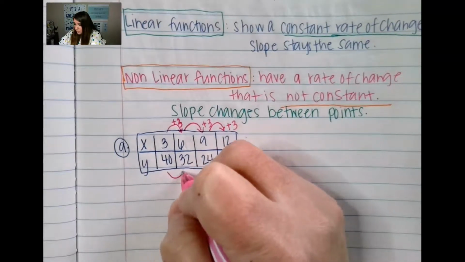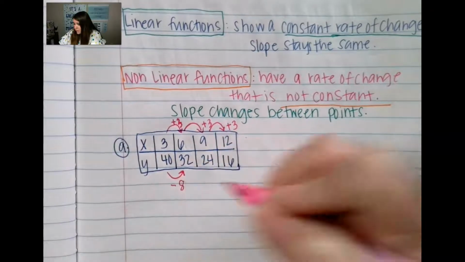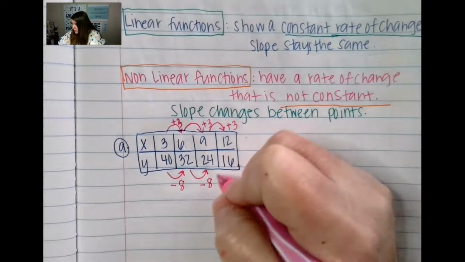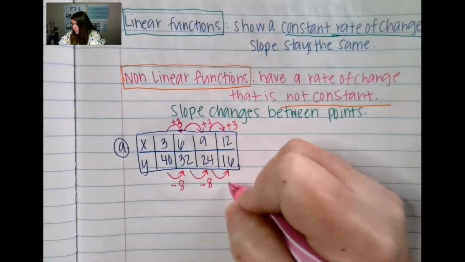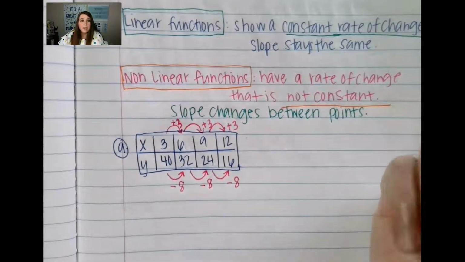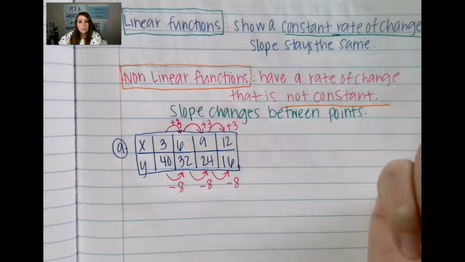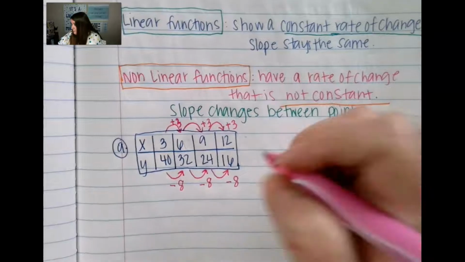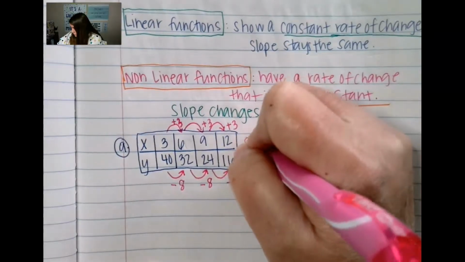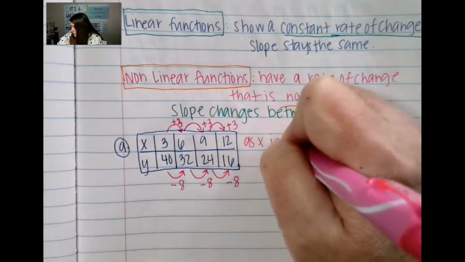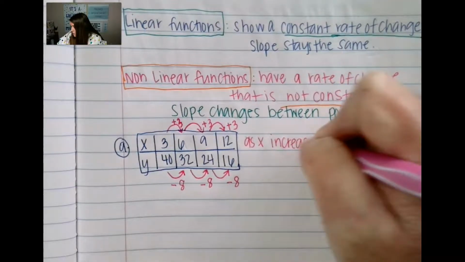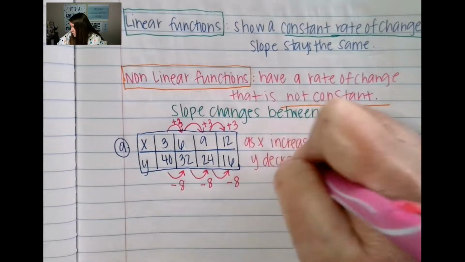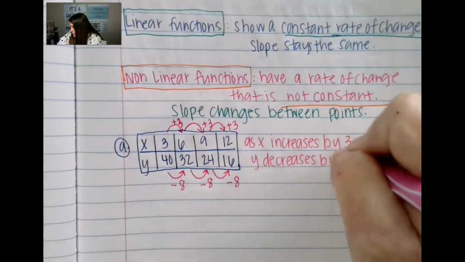To get from 40 to 32, we subtract 8. To get from 32 to 24, we subtract 8. To get from 24 to 16, you are also subtracting 8. So our rate of change here says that as x increases by 3, y decreases by 8.